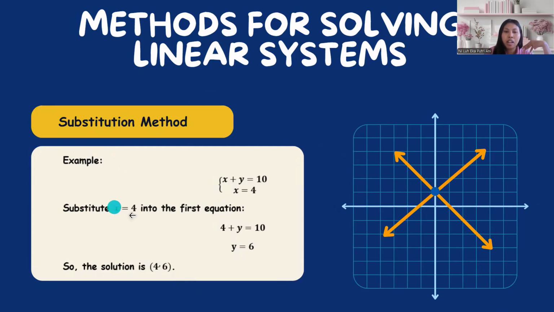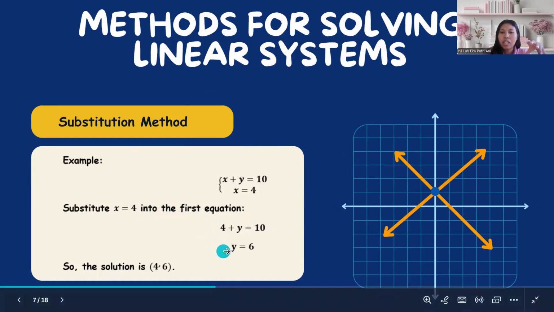For example, we have x plus y equals 10 and x equals 4. We substitute x equals 4 into the first equation and we get 4 plus y equals 10, and in the end we get y equals 6. So the solution is (4, 6). This is the substitution method.